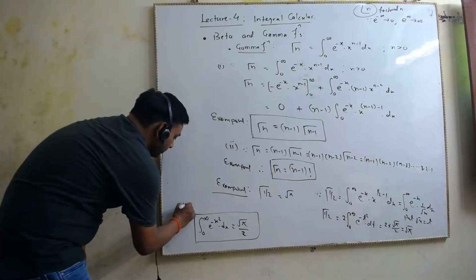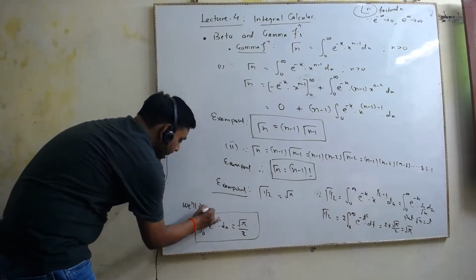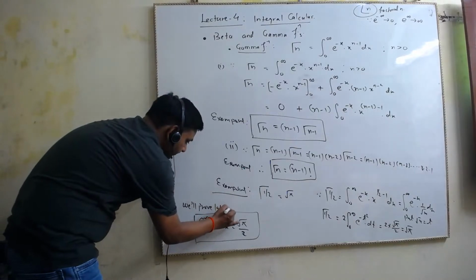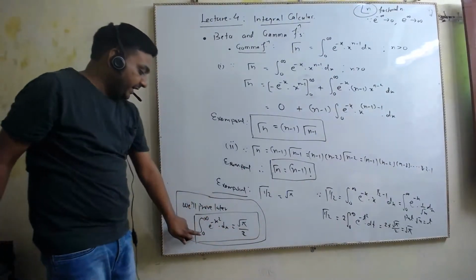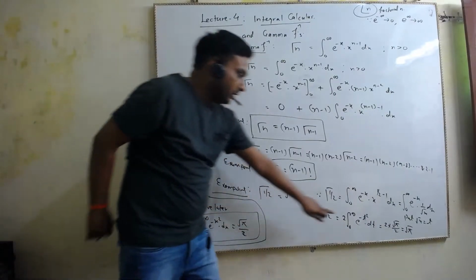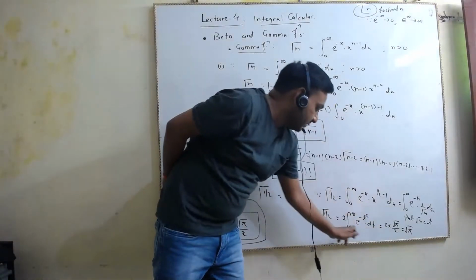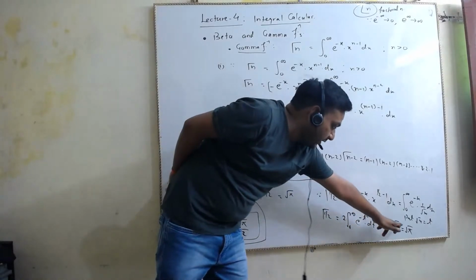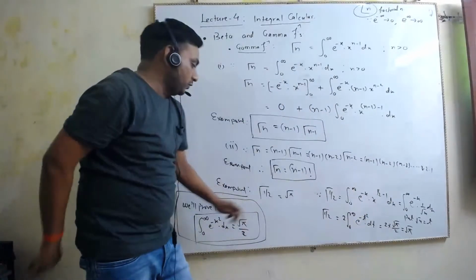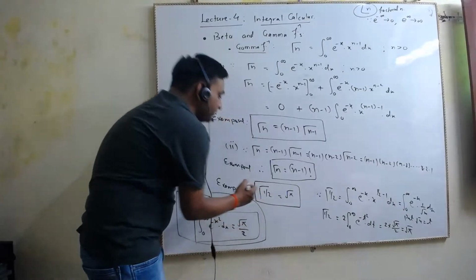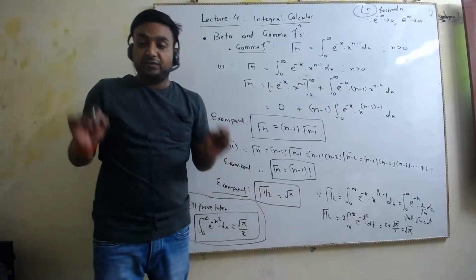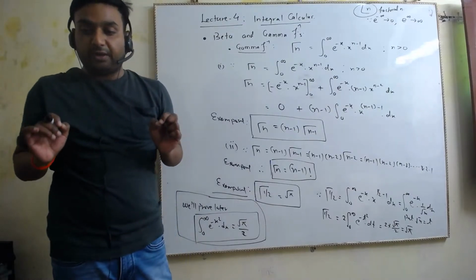We will prove it later. Can you observe this? So 2 into square root of pi by 2 comes as square root of pi. So the value of gamma half we will remember is always square root of pi. This is a very important point to remember here.